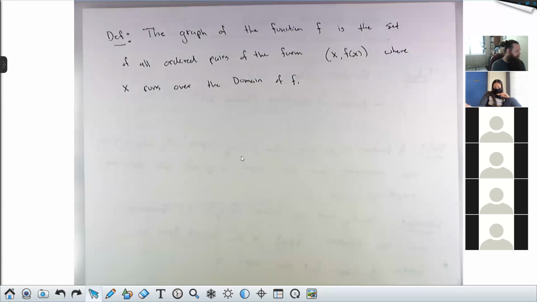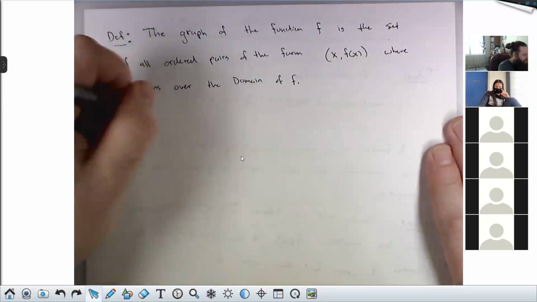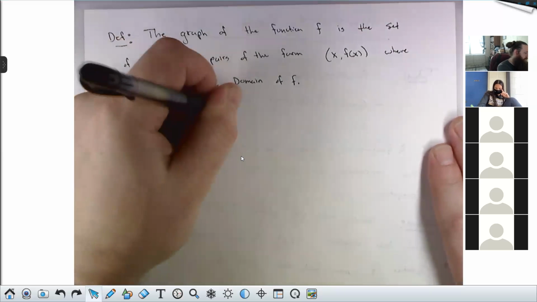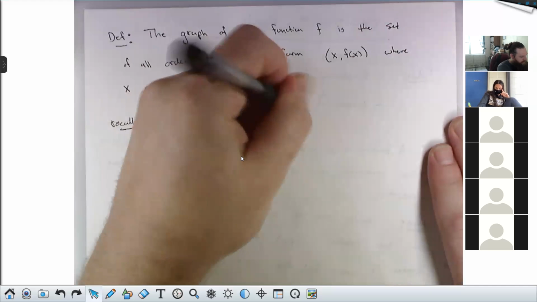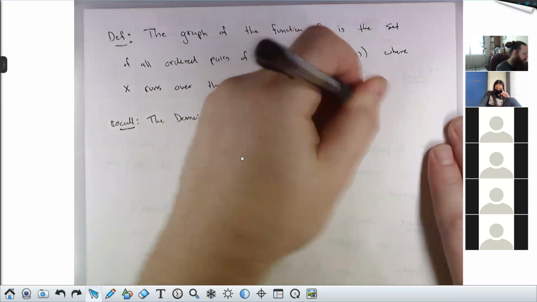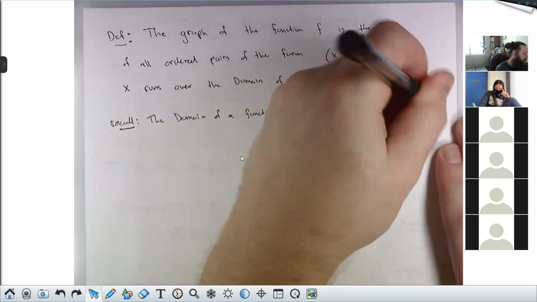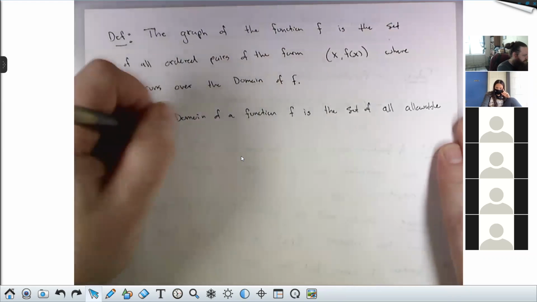Okay. Let's put that in here as a reminder. The domain of the function f is the set of all allowable inputs or x values.